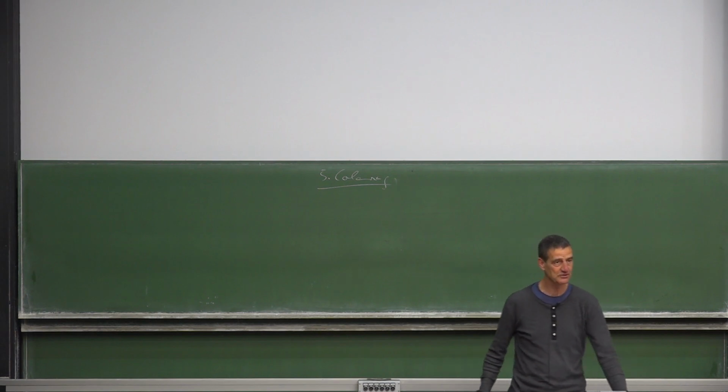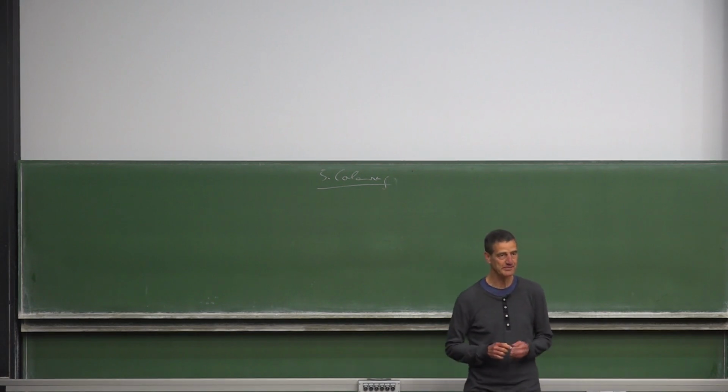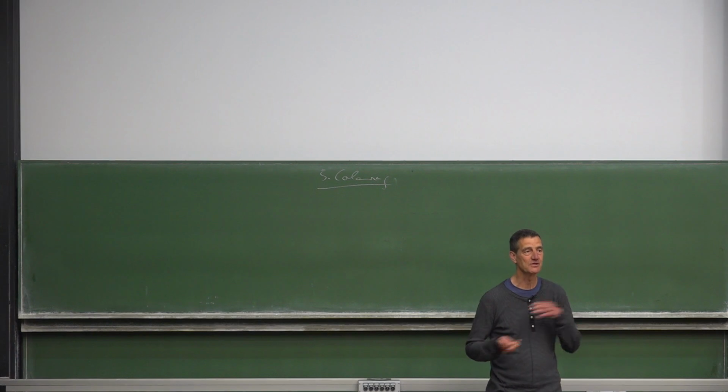Right, so we continue with colouring. And at the start of this course, I announced, in a sweeping statement, that most of what graph theorists do is relate graph invariants to each other.